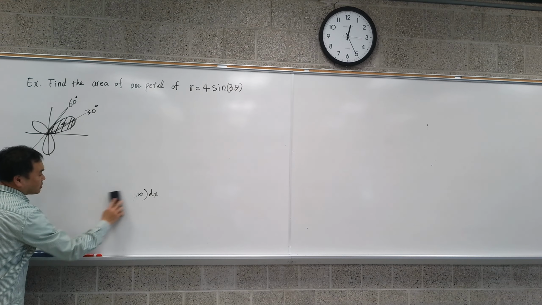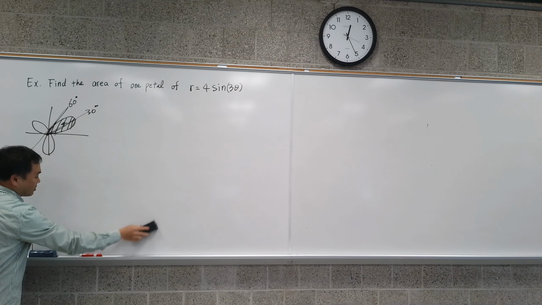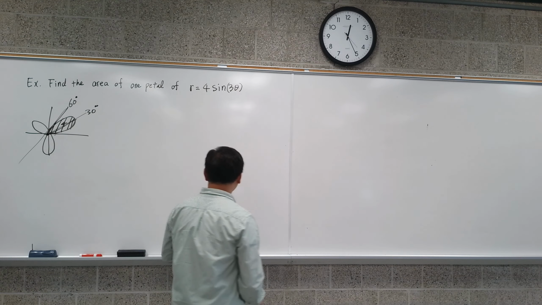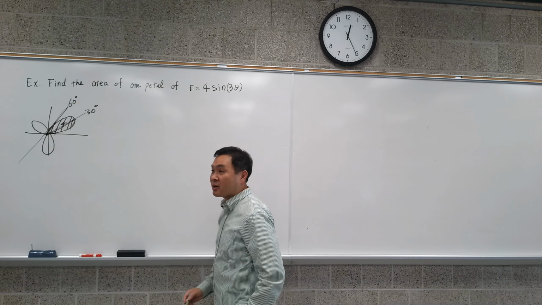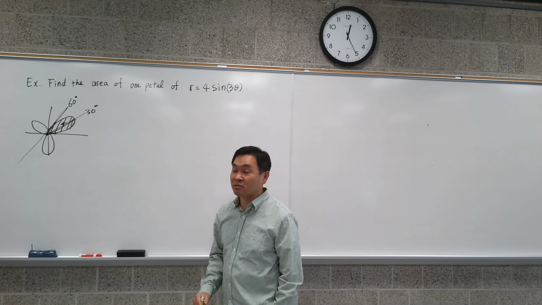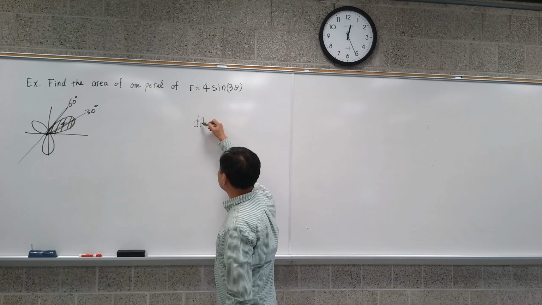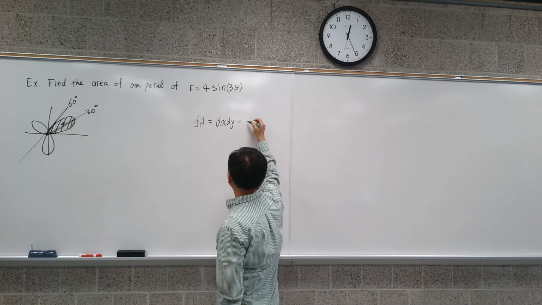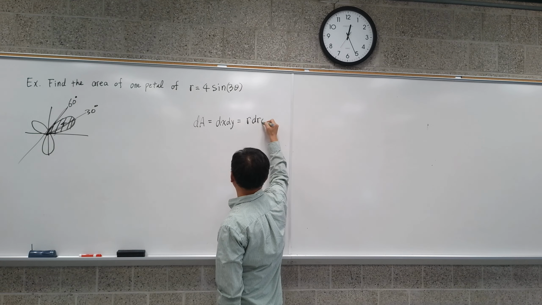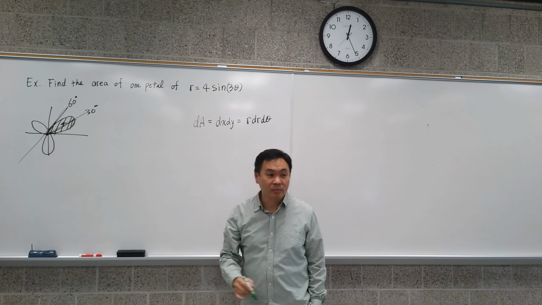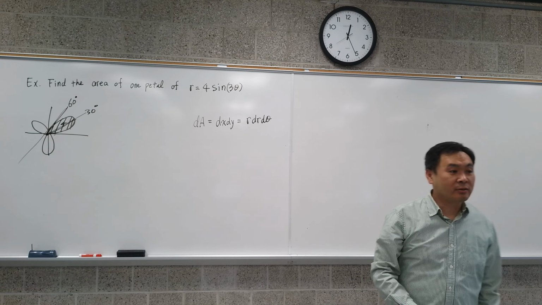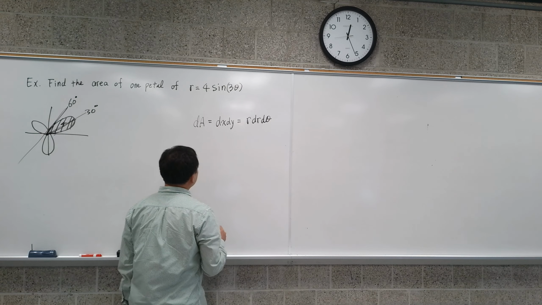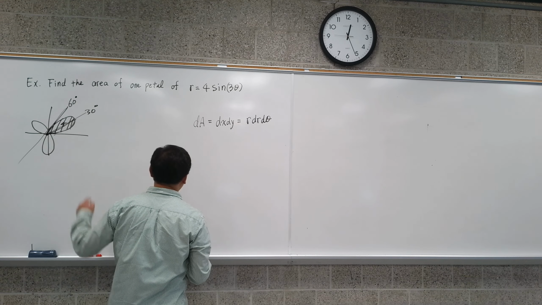Instead, we'll have to use a new idea. Remember how I explained that in the polar coordinate system, dA, which is dx dy, is the same as r dr d theta. We'll be using double integrals to figure this area out.